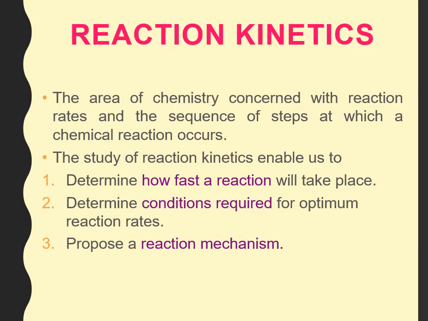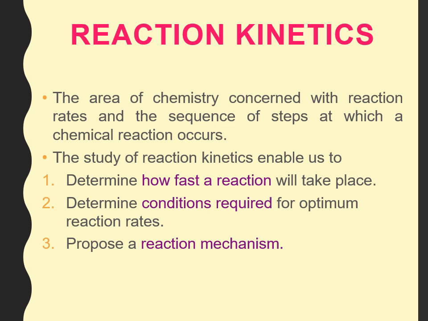Just now we were talking about how fast helium atom is formed during the Big Bang Theory, and when its concentration has increased, the reaction then becomes slower. This is what we call reaction kinetics.